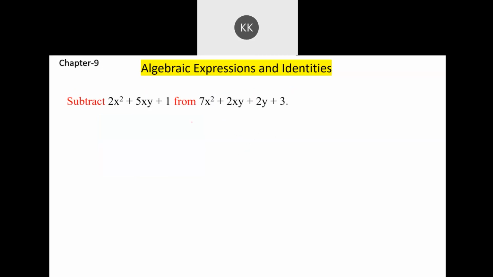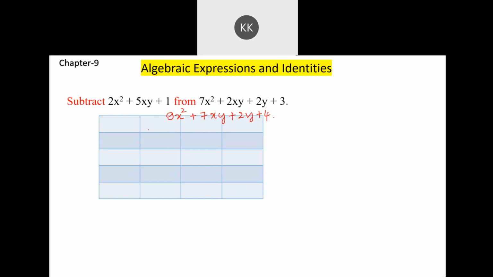This can be solved in an easier way, in mind also. But the very important thing is you should know where to put the like terms. Suppose I write the answer directly for this, it is 9x square plus 7xy plus 2y plus 4. You should not miss out. So it's better that you write them one below the other.